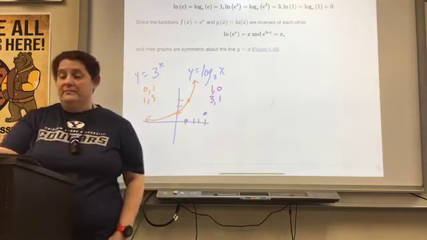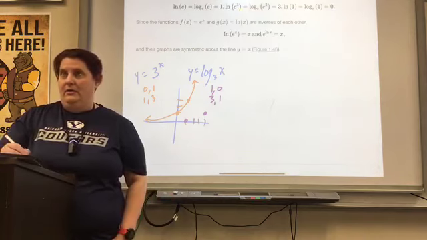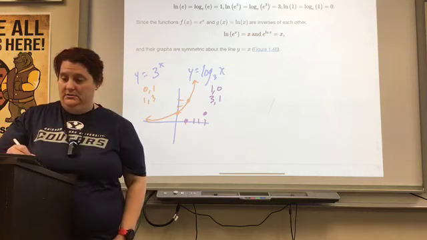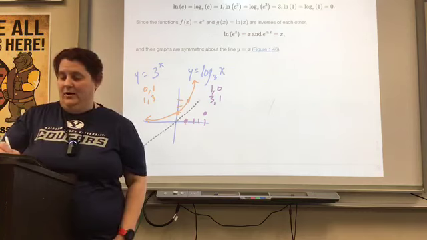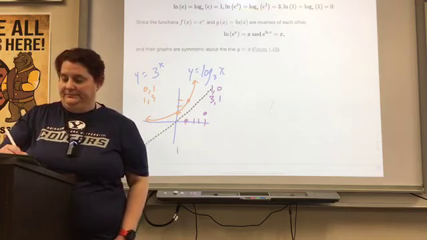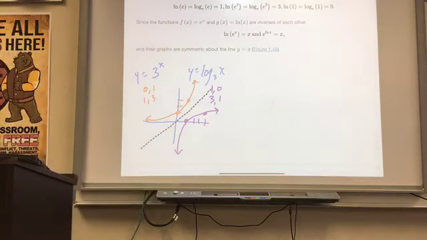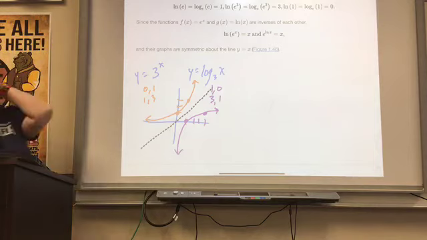Do you remember this about inverses? They are mirrored across the line y equals x. So if you can't remember how to graph the log, you graph the exponential and then you flip it. So that's how we use e to the x being the inverse.